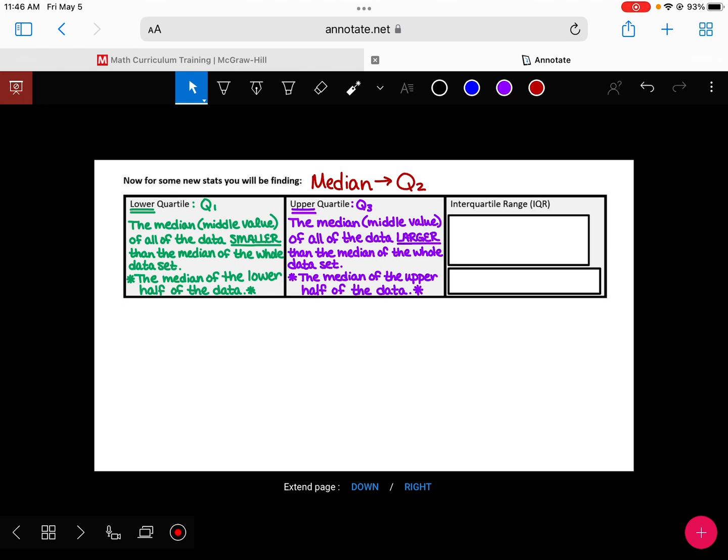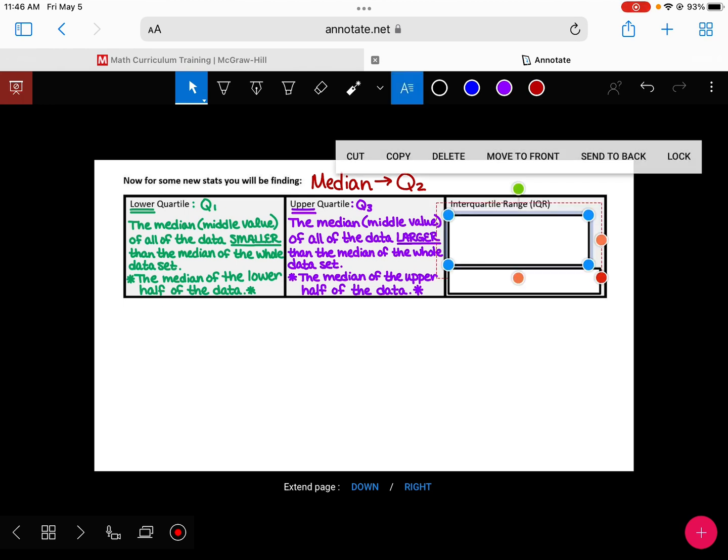So everything smaller than the median, we line it up and find the middle of that. Everything bigger than the median, we line it up and find the middle of that. That's my lower and my upper quartile. The interquartile range, we abbreviate that as IQR, because again, that's a lot to write.